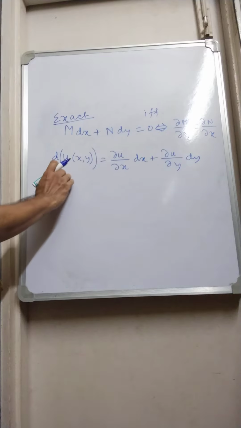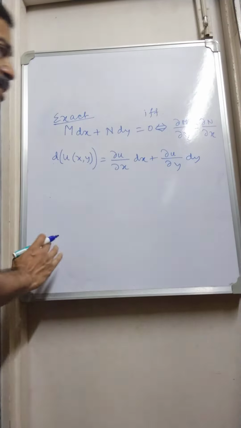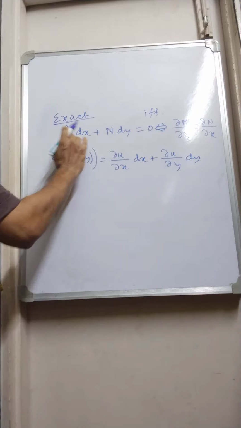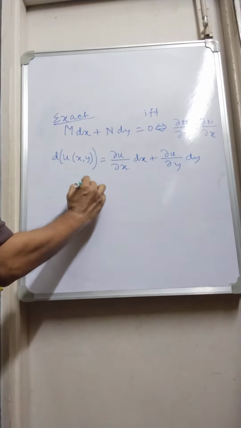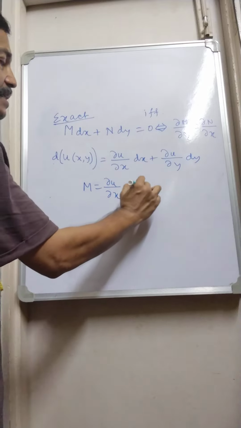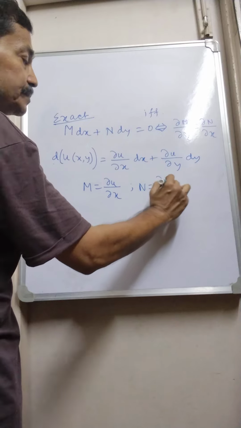This stems from the theory of differential calculus of two variables. This is to be accepted, and if we accept this and compare this with this, we see that M is ∂u/∂x and N is ∂u/∂y.